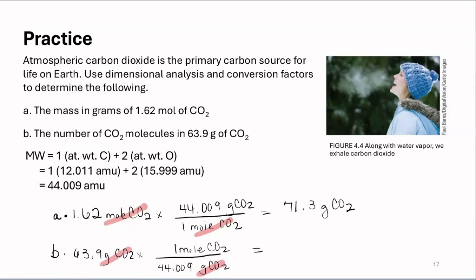And when I take 63.9 and divide it by 44.009, I see that my calculator display says 1.4519, and there's a series of digits. Because I was given 3 sig figs, that means that my final answer will be rounded to 3 sig figs. So this is 1.45 moles of CO2.